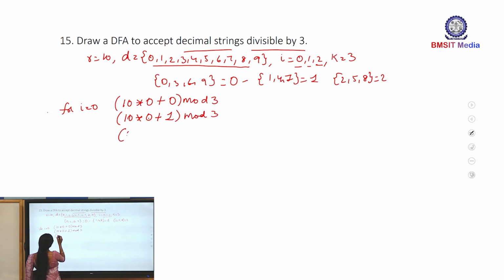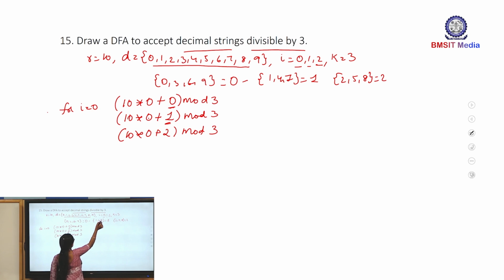The next transition would be 10 times 0 plus 2, on seeing a 2, mod 3. When I say 0 here, this actually signifies 0, 3, 6, 9. When I say 1, it signifies the set 1, 4 and 7. When it is 2, it signifies the set 2, 5 and 8.